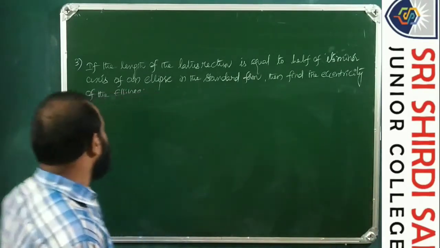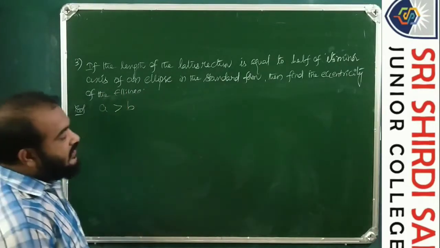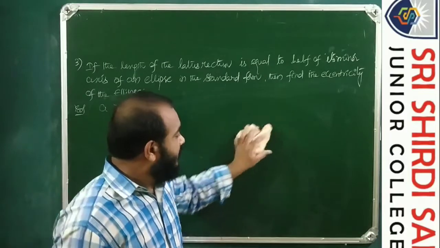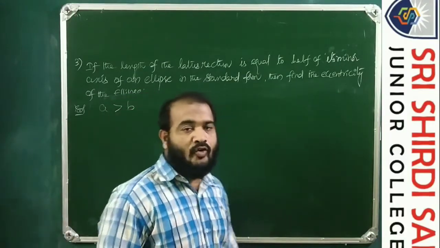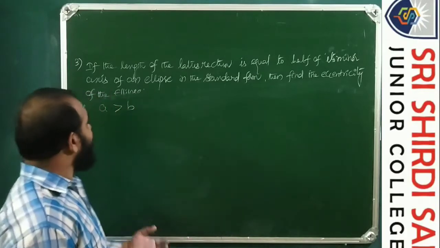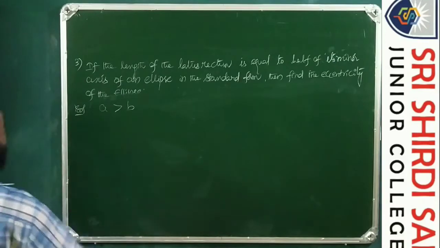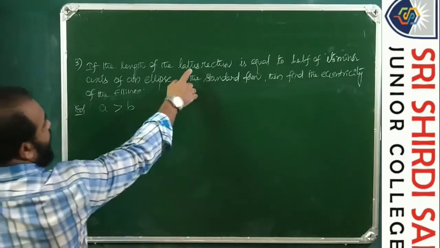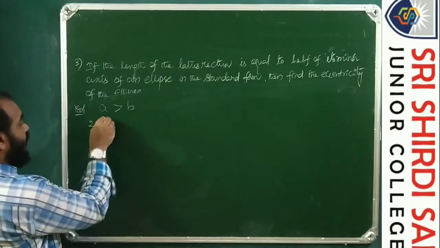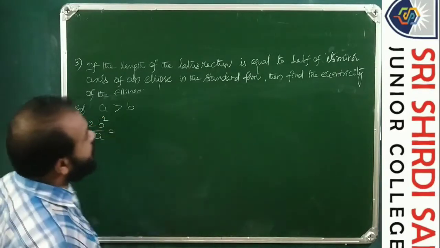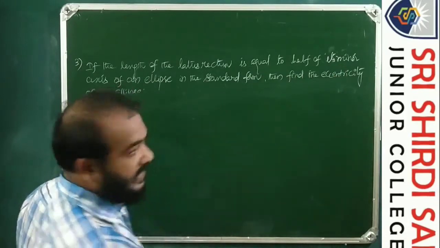So here, let us take a greater than b, since nothing else is given, therefore we can take either a greater than b or a less than b. If we take a greater than b, the length of the latus rectum that we have seen before is 2b square by a, equal to half of its minor axis.